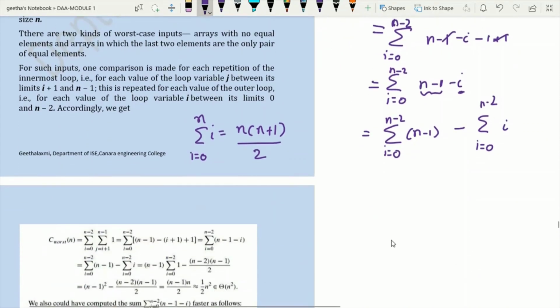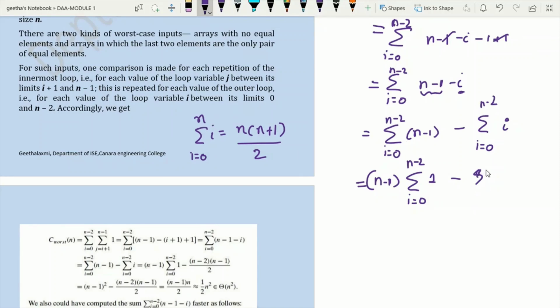Next, n minus 1 I can put out, as no part of it is dependent on i. So n minus 1 times summation i equal to 0 to n minus 2 of 1, minus summation i equal to 0 to n minus 2 of i.